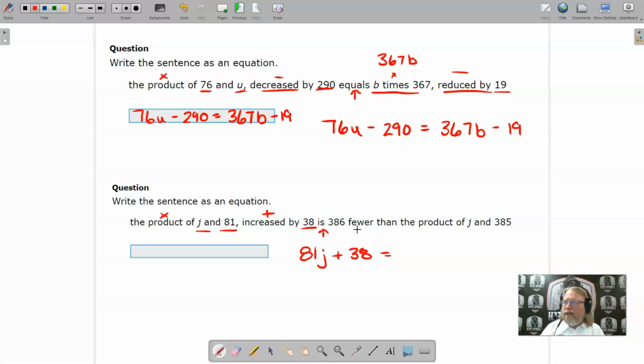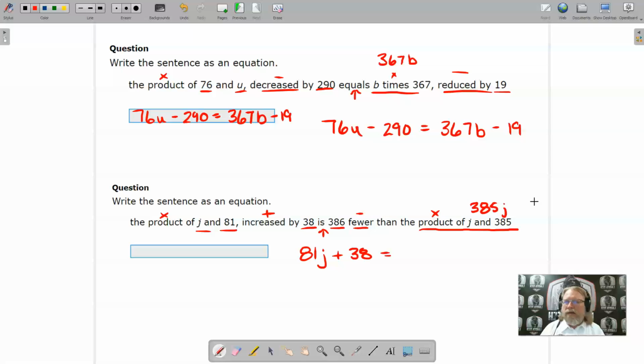And then 36 fewer is subtraction, 36 fewer than the product of j and 385. So product is multiplication, j and 385. So 385, we want the coefficient to come first. So 385j. But we have to have 386 fewer than that.